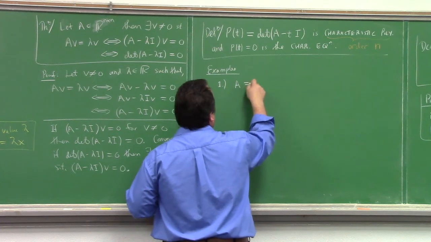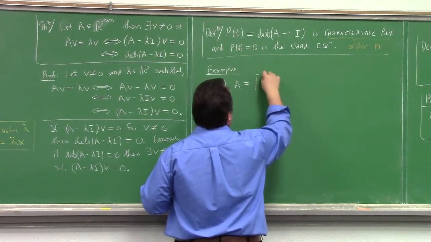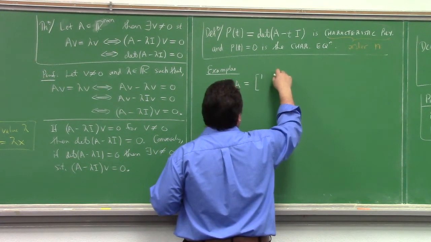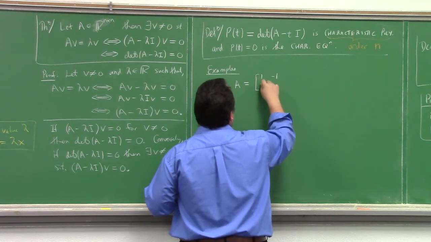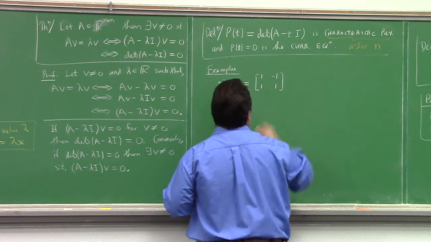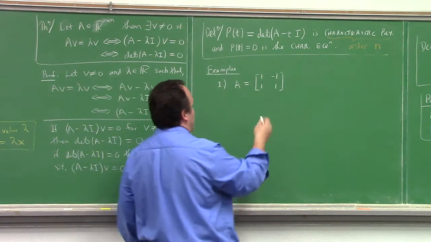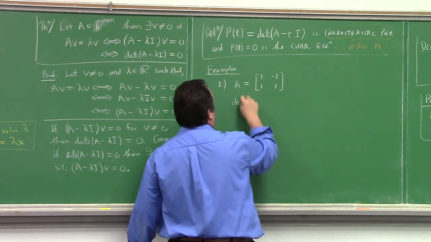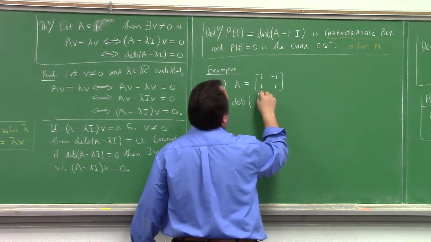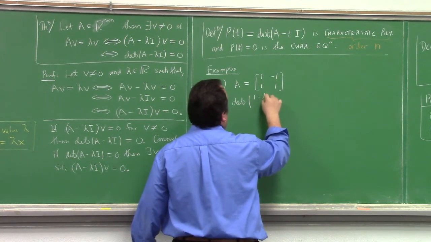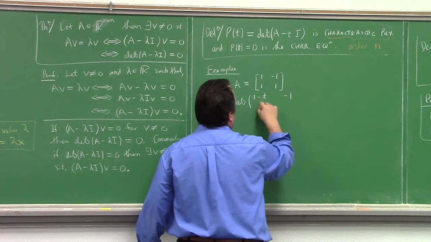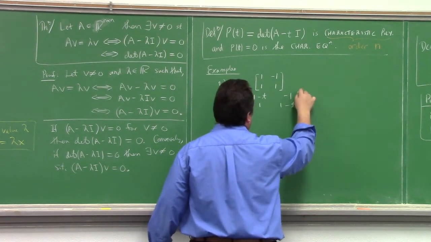How about A is the matrix 1, minus 1, 1, 1. What's the characteristic equation here? Well, the determinant of the matrix with entries 1 minus t, minus 1, 1, 1 minus t.